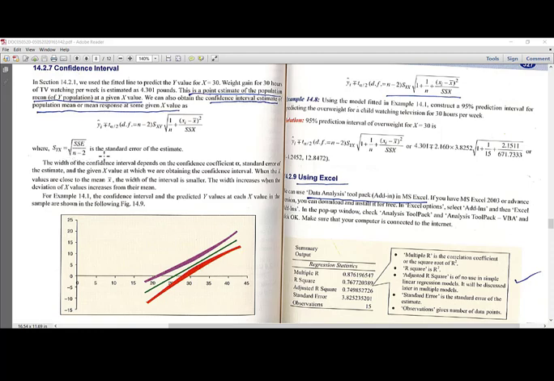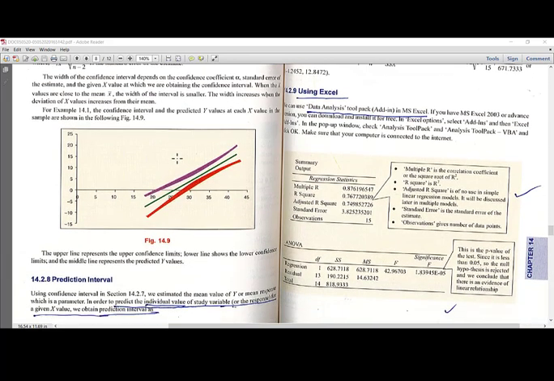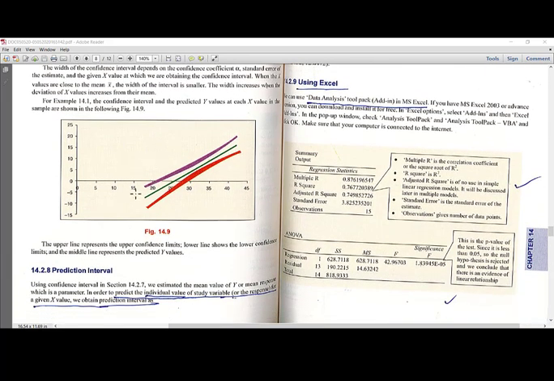This is the standard error of the estimate. Here you can see in this figure, the upper line represents the upper confidence limit and the lower line shows the lower confidence limit. The middle green line represents the predicted Y values.